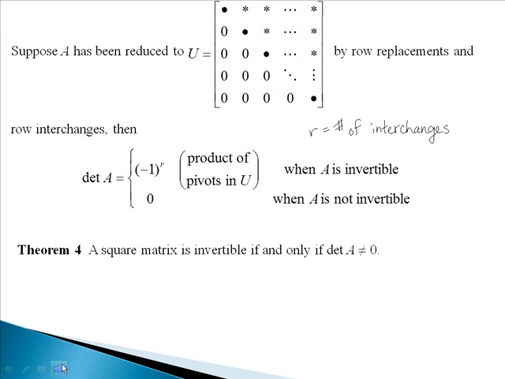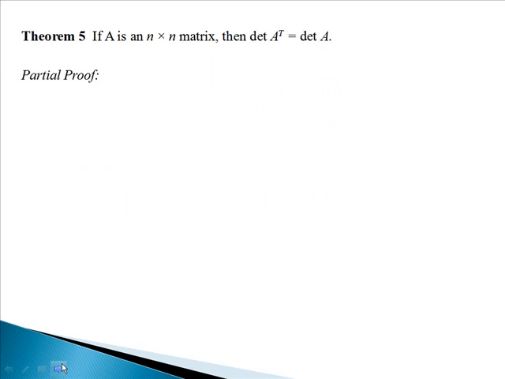So that leads us here to Theorem 4. A square matrix is invertible if and only if the determinant of A is not equal to 0. Theorem 5.